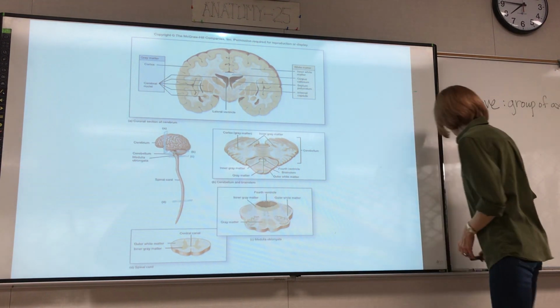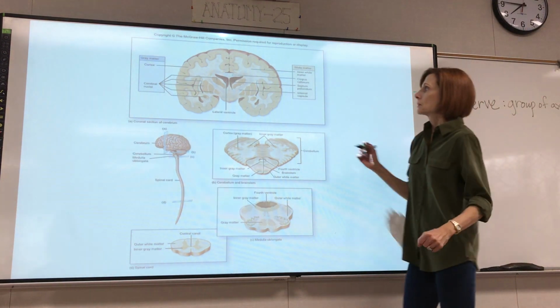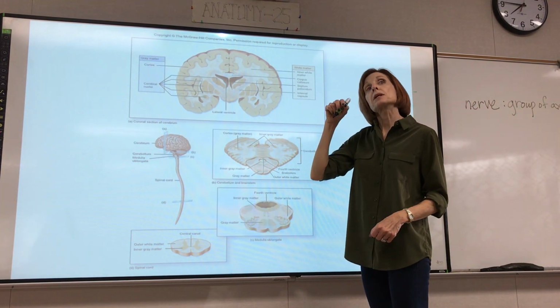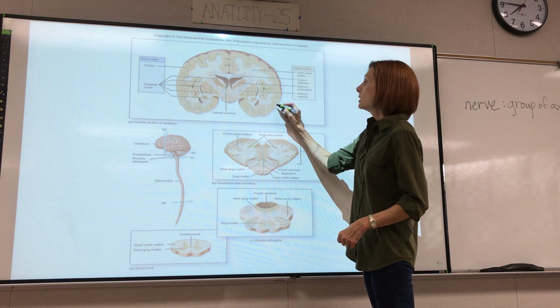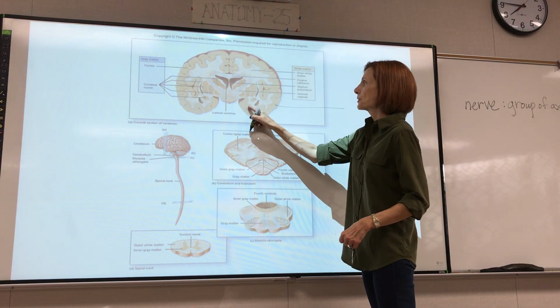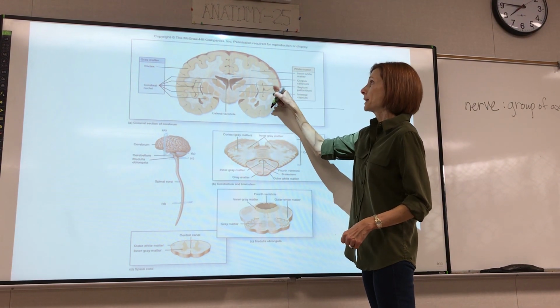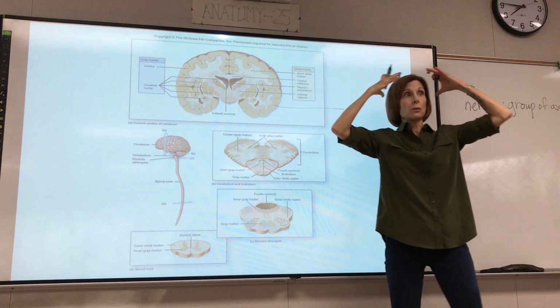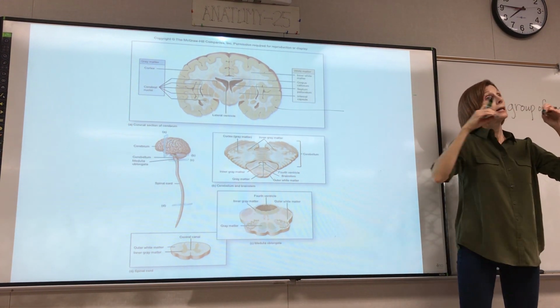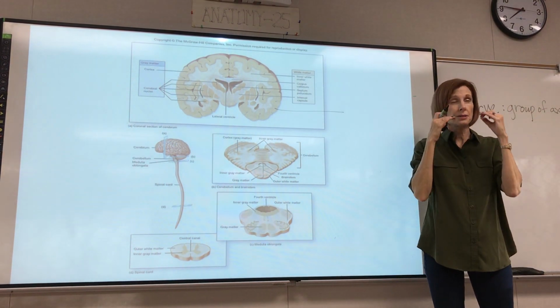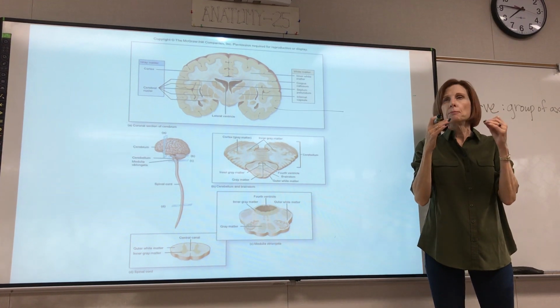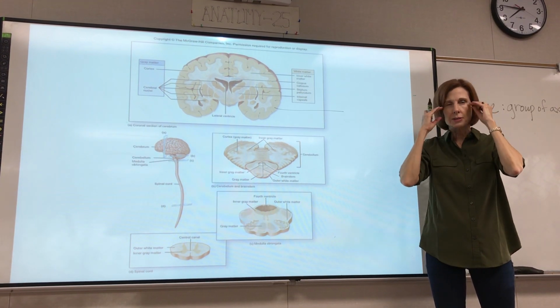So let's take a look here, and just because we've talked about some of these terms now, actually the outer few millimeters of the brain's surface is where we have most of our neuron cell bodies. This is where anything that's on a conscious level is happening, meaning what we're able to consciously think about.